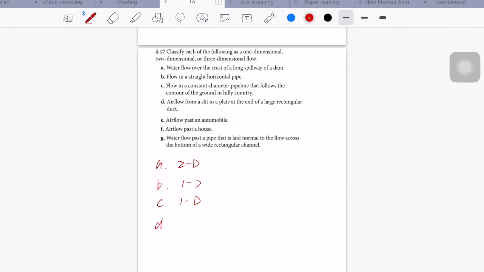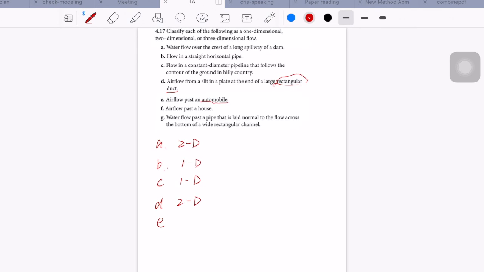For D, airflow from a slit in a plate at the end of a large rectangular duct, the velocity depends on two spatial parameters in the rectangular duct. So it is a two-dimensional flow. For E, the airflow past an automobile, it is obvious that the flow is three-dimensional, and F also is a three-dimensional flow.